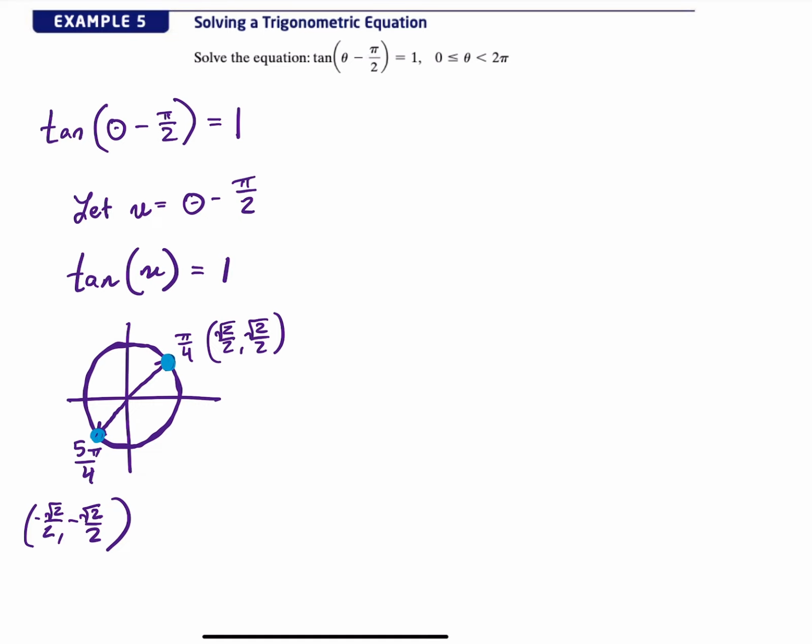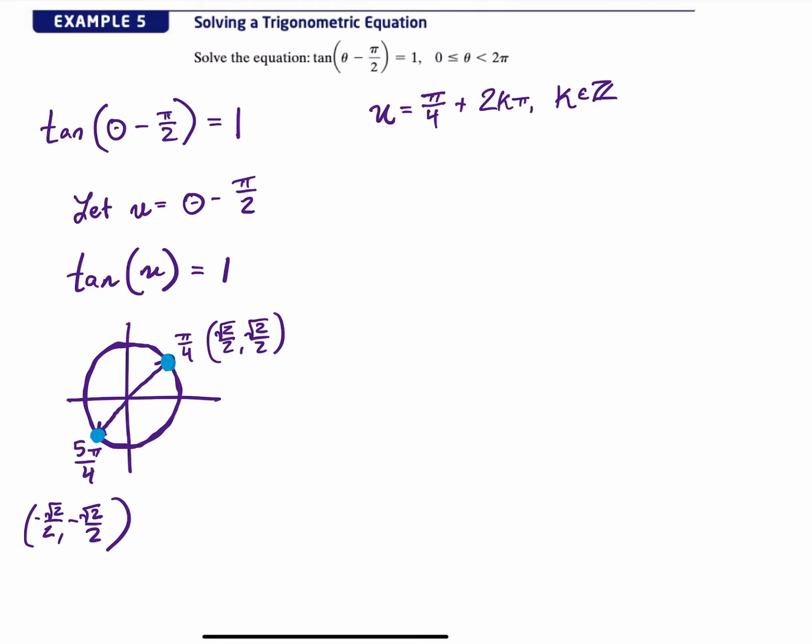So those were the two places around the unit circle where, in general, the tangent is equal to 1. So let's build our general solutions. I would say u equals, let's look at this first one, positive pi over 4, but then plus all coterminal angles, so plus 2k pi, where k is an integer.